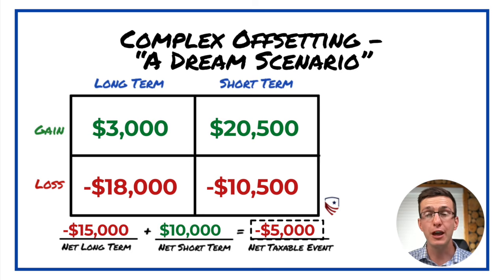Not to mention, we can take $3,000 of that long-term loss and offset our ordinary income, thus lowering our taxable income by another $3,000. And then we can take the remaining $2,000 as a carry forward loss against either next year's income or against future capital gains. So our long-term losses were essentially able to offset $13,000 in income taxed at ordinary income rates. This is some powerful stuff.